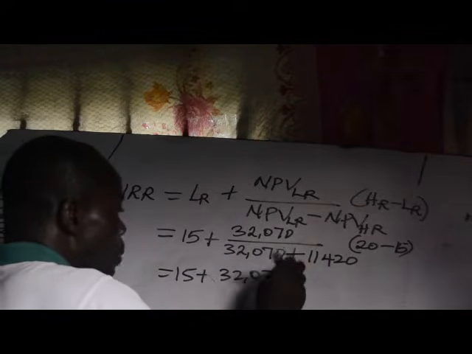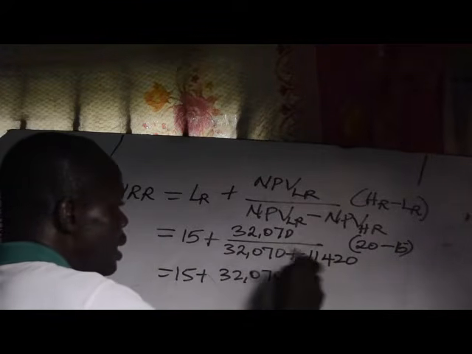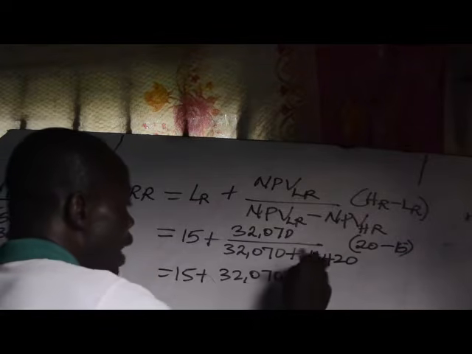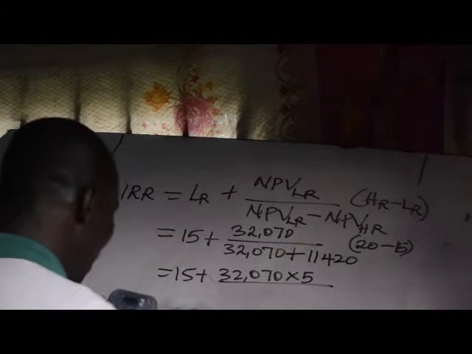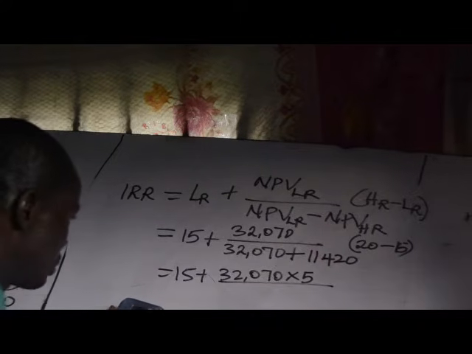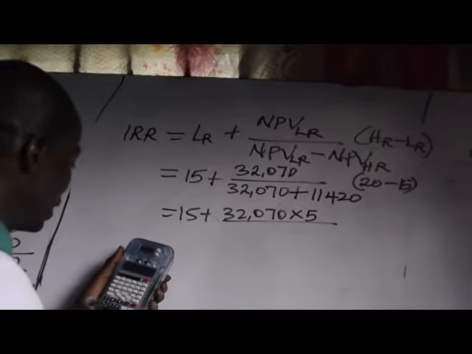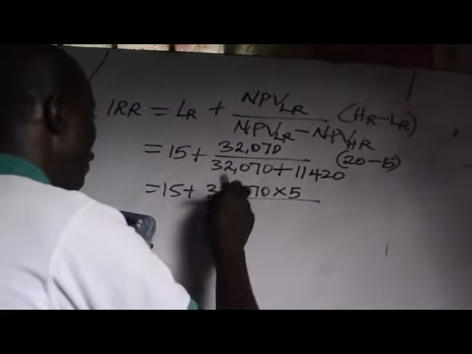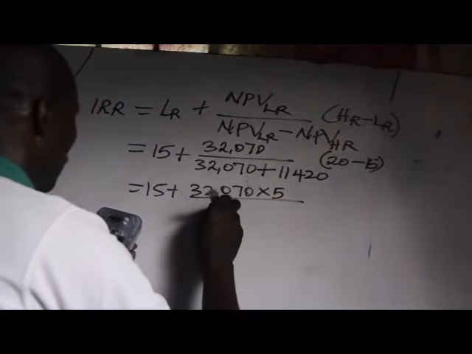So we have 15 plus 32,070 multiplied by 20 minus 15, that will be 5, over the sum of the denominator: 32,070 plus 11,420. The denominator totals 43,490.